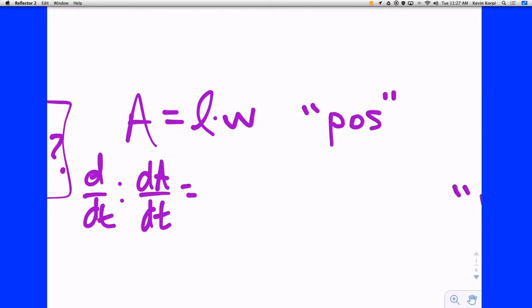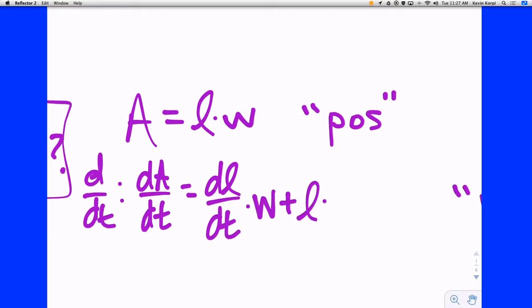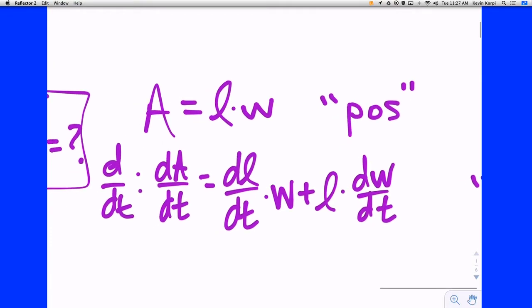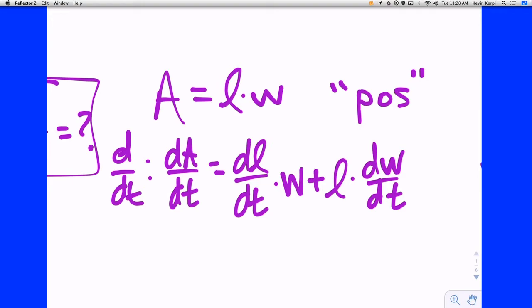Product rule. Good. So we get dL/dt times W plus L times dW/dt. So that is conveniently solved for the rate quantity that we're interested in. It won't always be that, but in this case it is.